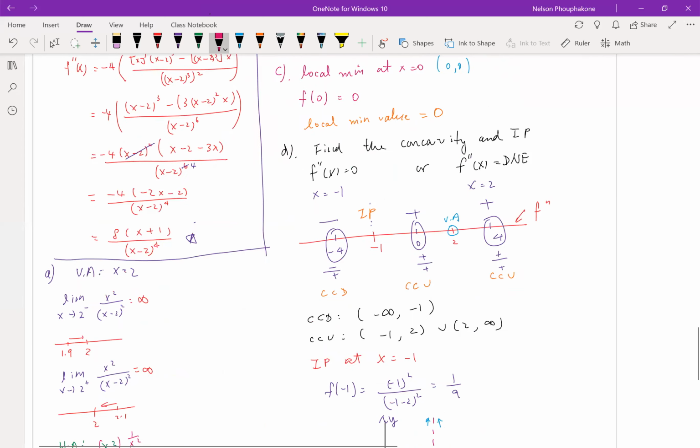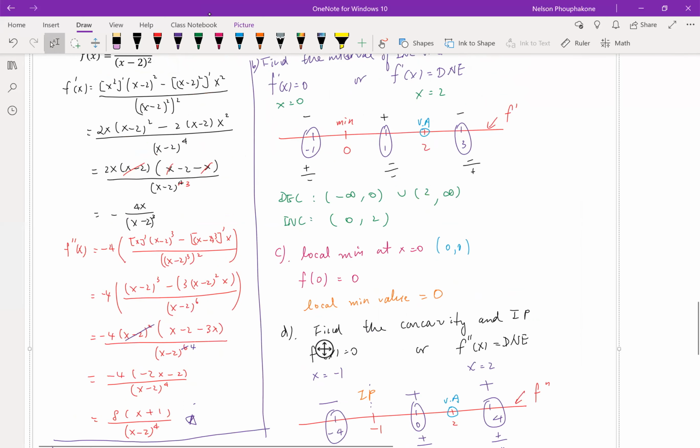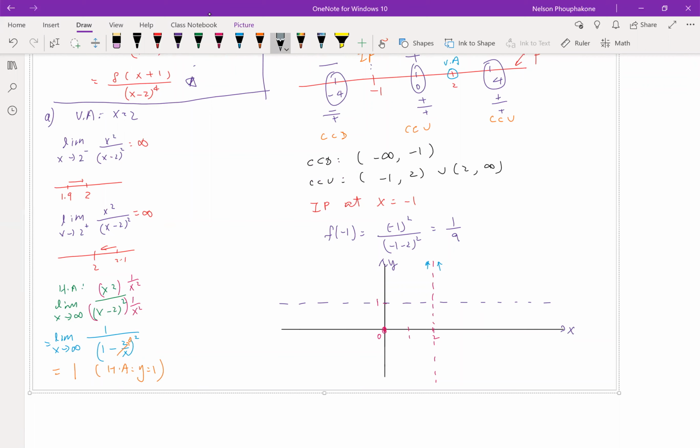Now we work with the first derivative. I have decreasing, increasing between 0 and 2, and decreasing again. So in this case we will have decreasing, increasing, and decreasing.